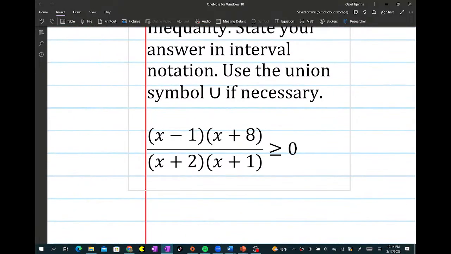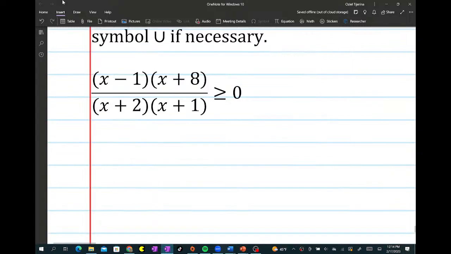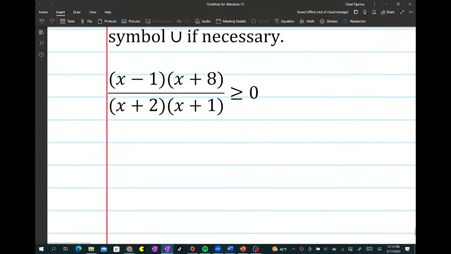Now, we're going to do it the same way as the previous problem, where I stated the restrictions and the roots, or the zeros, or the x-intercepts as I called them.